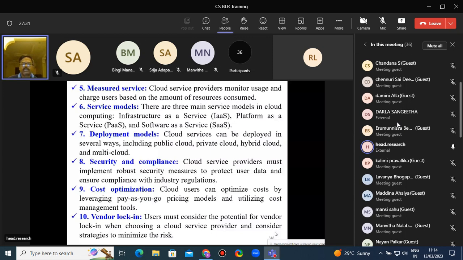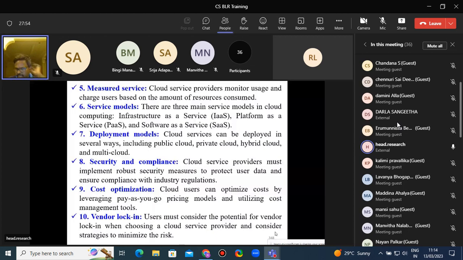How much consumption we have done, that much amount we pay. Sixth one is service models. There are three main service models in cloud computing, such as infrastructure as a service, platform as a service, and software as a service.